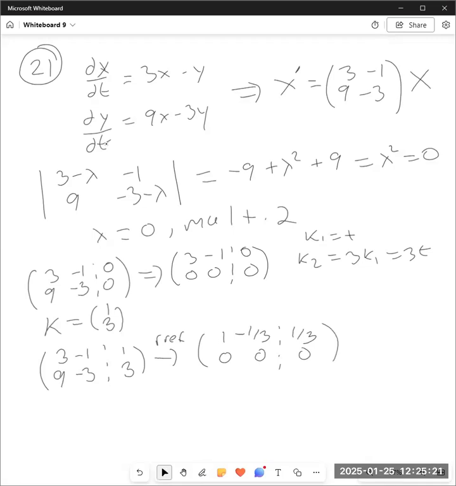So that tells me that P1 minus 1/3 P2 is equal to 1/3.